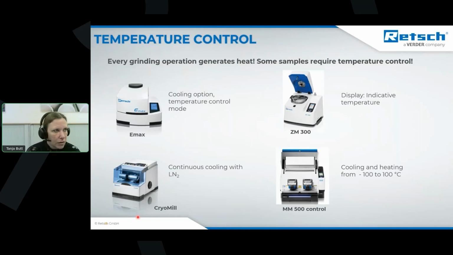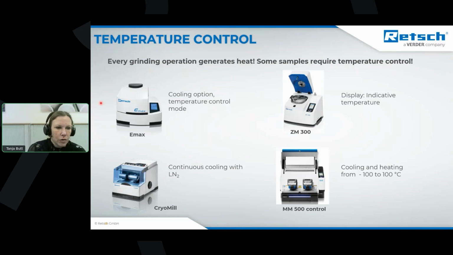So many factors influence the temperature, but we cannot completely avoid it. What we can do, we can control it. So we have different mills which allow a kind of temperature control, at least measurement, observation of the temperature, so that we have at least a picture how warm our sample was in the grinding process.